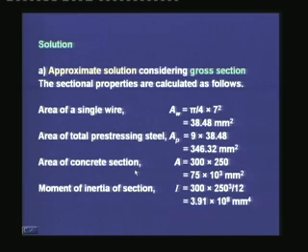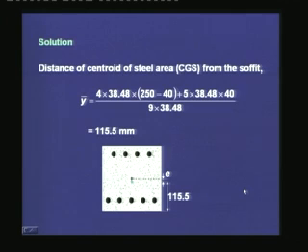The area of the cross section A is 300 times 250. The moment of inertia of the cross section is equal to the breadth times the depth cube divided by 12.